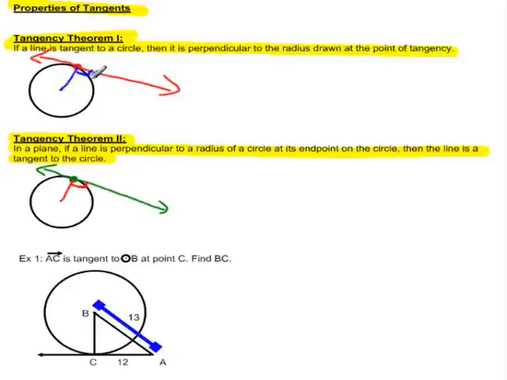So if you don't see a right angle, but you know this is tangent and you know this is a radius, then you know there's a right angle there. But on this one, if you see a right angle, then you know this line is tangent.